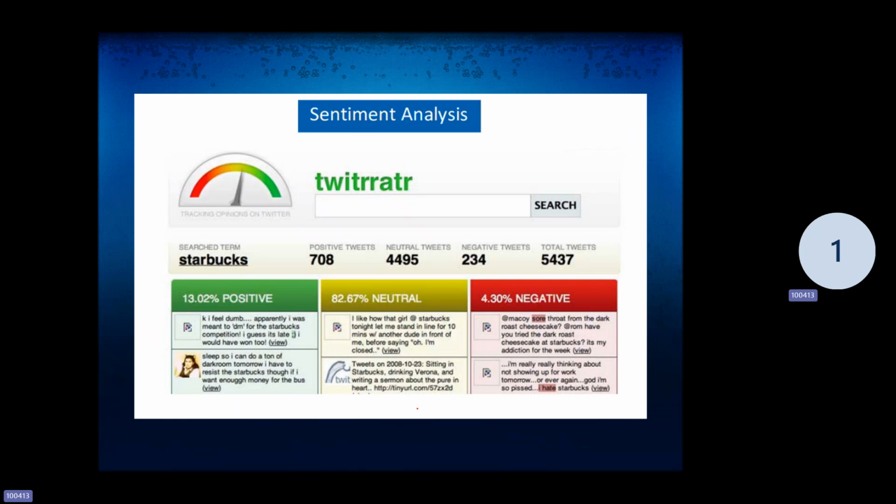Second one is sentiment analysis. What is the meaning of sentiment analysis? I will take a different example, a movie review. If you write a review like, this is a very good movie, then good is the keyword which shows a positive response.